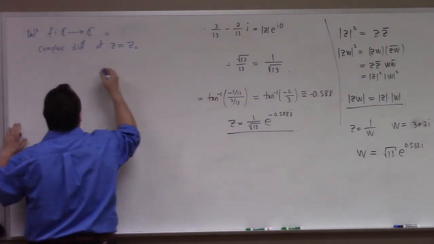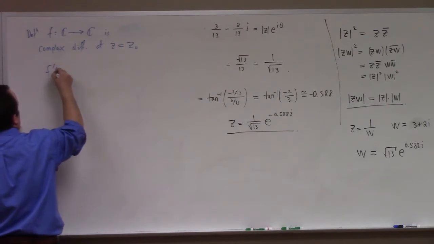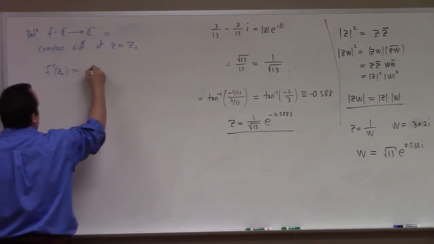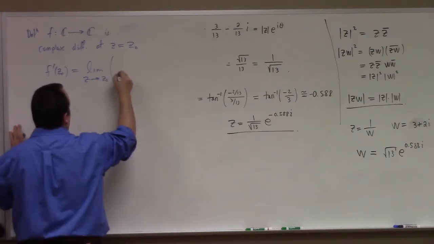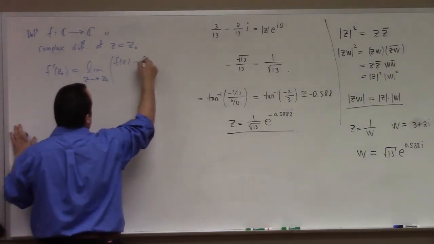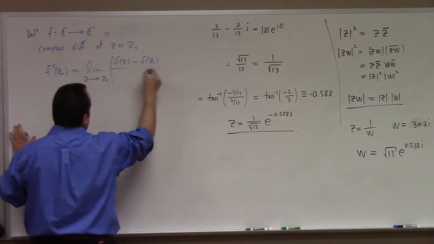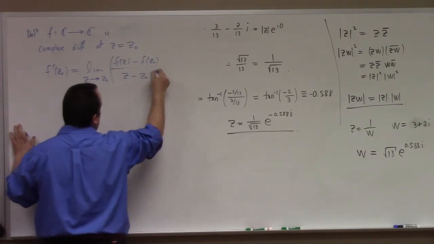What do we require? This following limit exists. F prime of z naught will be the limit as z goes to z naught of f of z minus f of z naught, divided by z minus z naught.